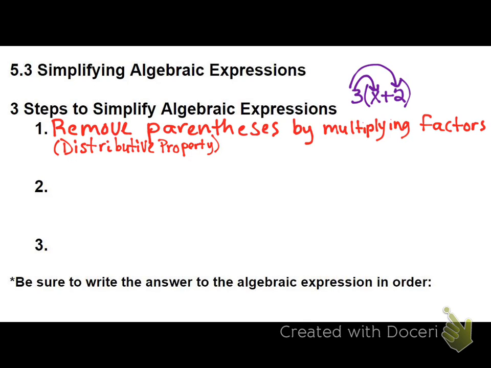Okay. So that's your first step. After you do that, the second step is you just go and combine like terms by adding coefficients. So step 2. Combine like terms.